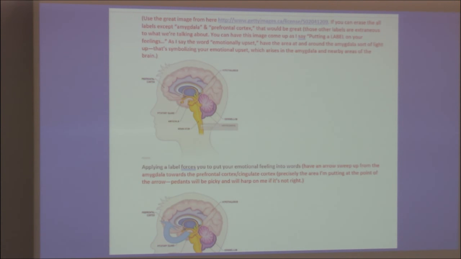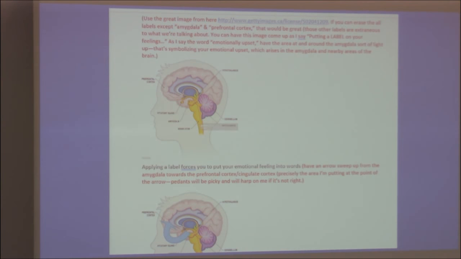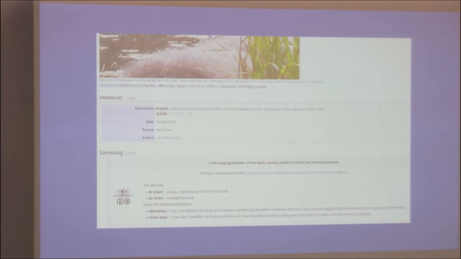So this is just an example where I've put it into my script, and this is something I took from Getty Images, and I showed them what I wanted there. But there's other ways to do this, and mostly Wikipedia is a great source. So you want to indicate where it's from on Wikipedia.